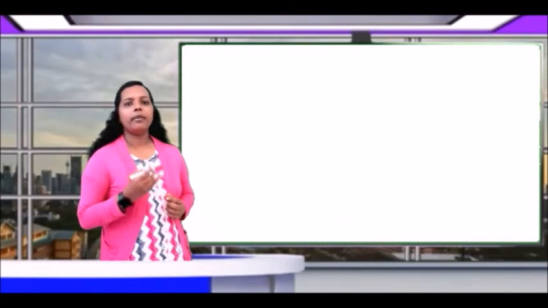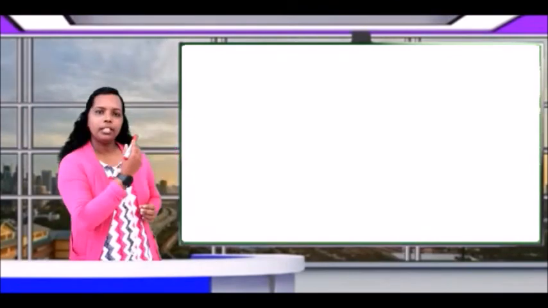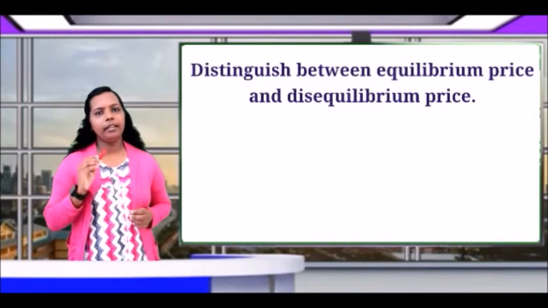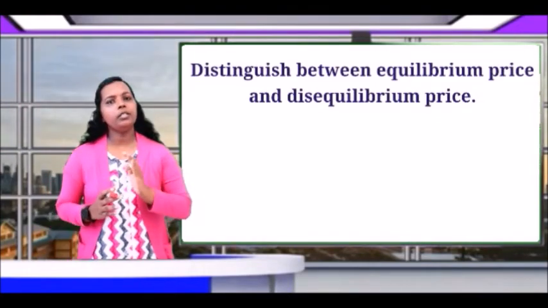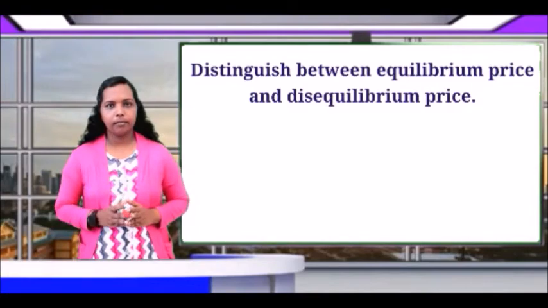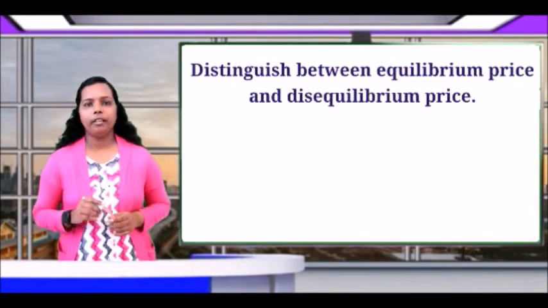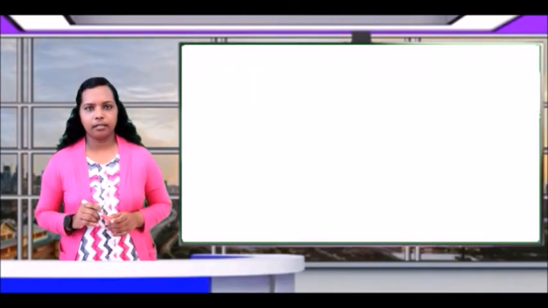Now, let's check our learning intentions. First one, distinguish between the equilibrium price and disequilibrium price. Here are two multiple choice questions. 30 seconds are allotted for each question. Try to find the answer within 30 seconds. Question number 1.